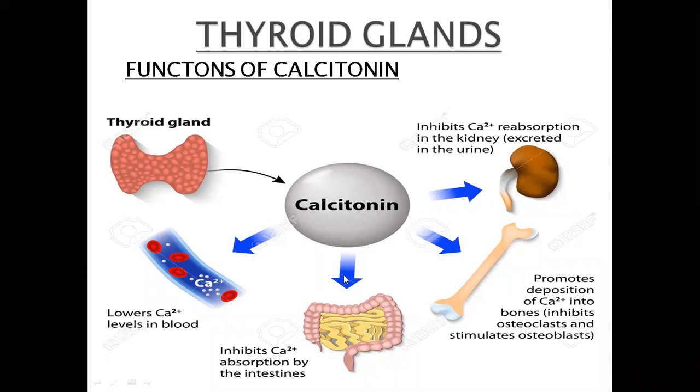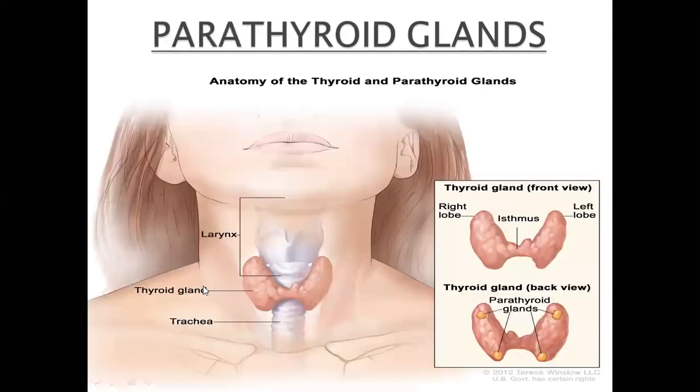Then it is oversecretion. Oversecretion inhibits calcium absorption, inhibits calcium reabsorption in the kidney, right? And disturbance in calcium metabolism seriously affects nerves, skeletal muscles, blood, and may lead to kidney stones also. So these are the problems with calcitonin. Basically, it is responsible for depositing calcium into the bones, and hence the blood calcium level becomes low.